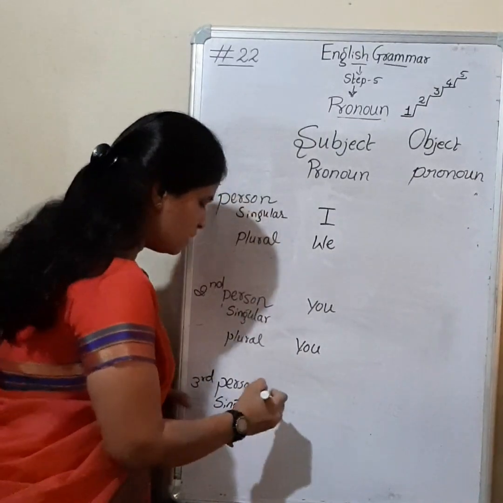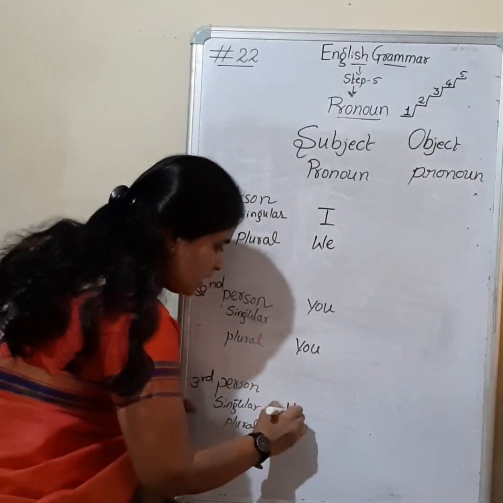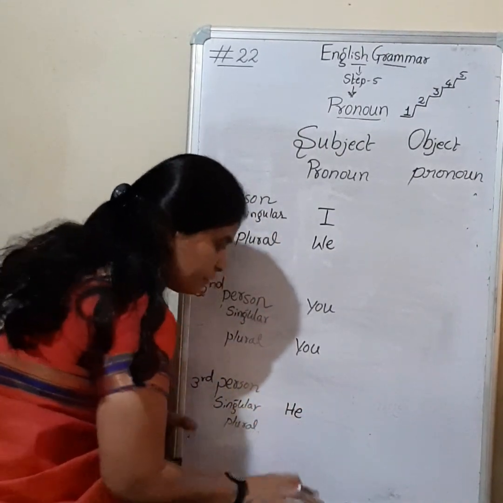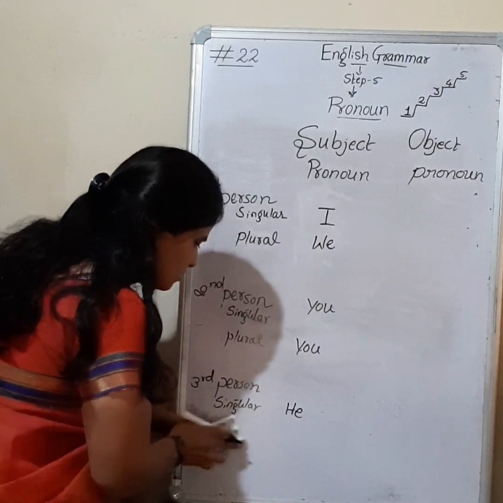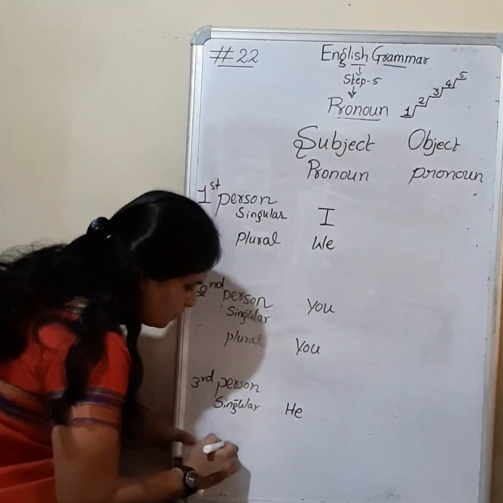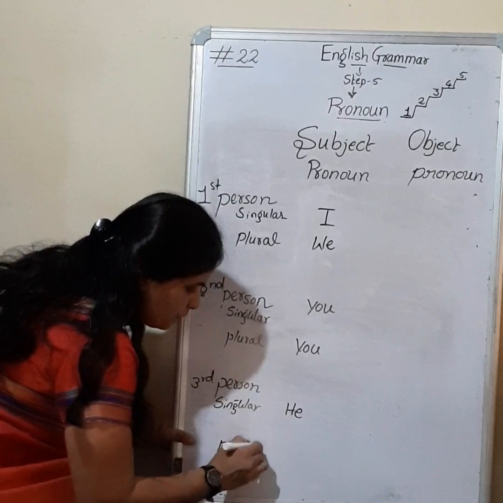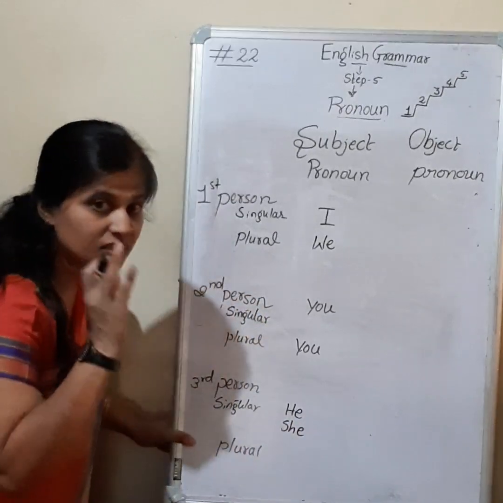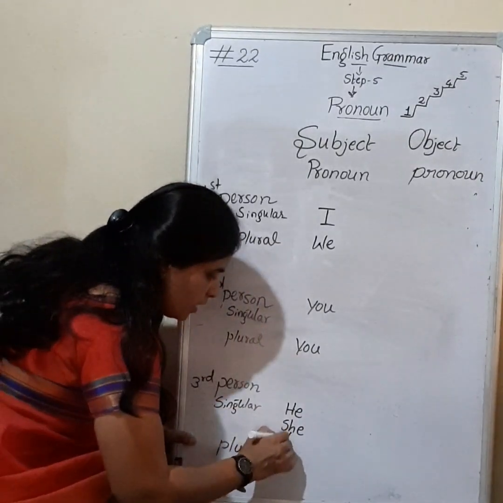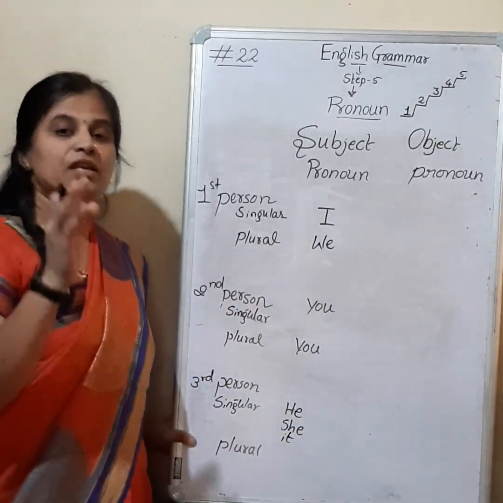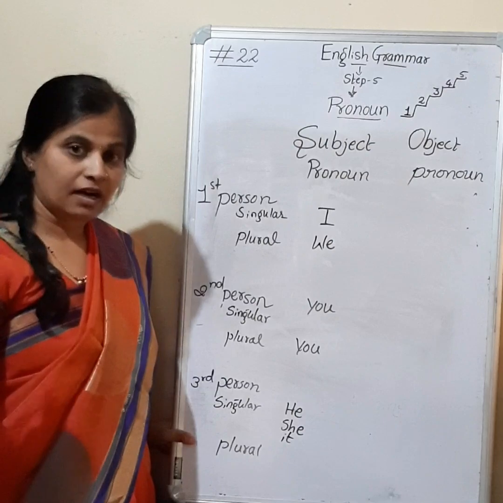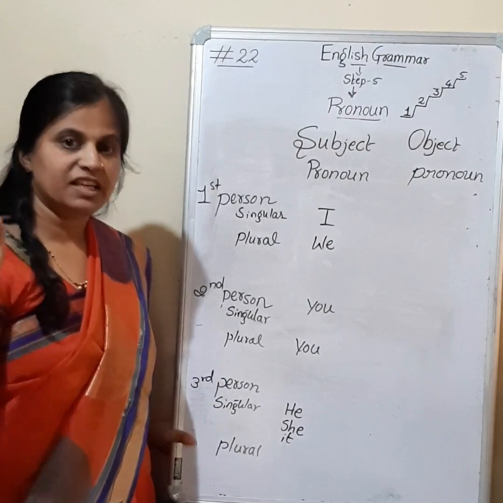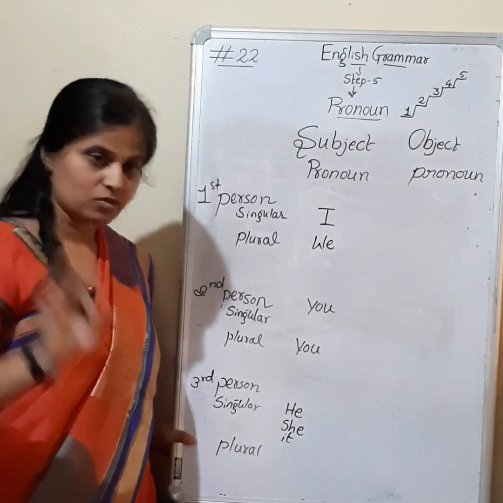In third person singular, he, if the person is male; she, if the person is female; it. It can be used for infants, meaning babies whose gender is not known, or else for things.